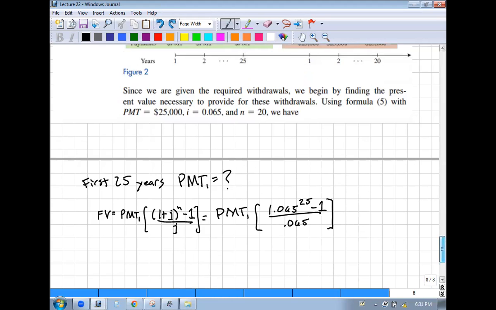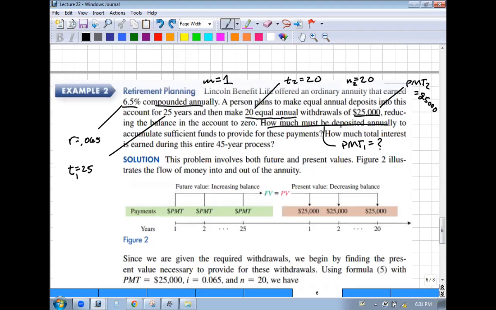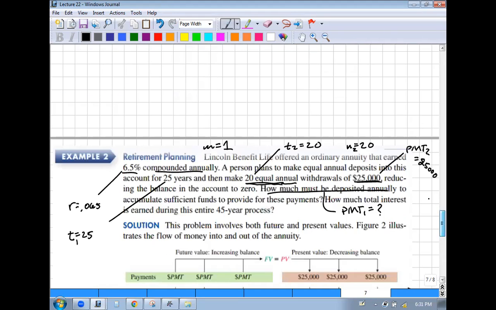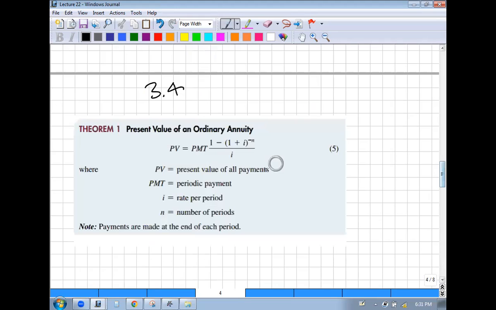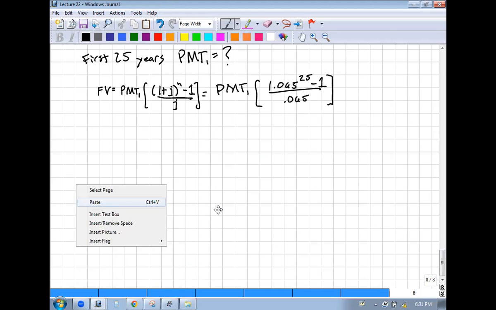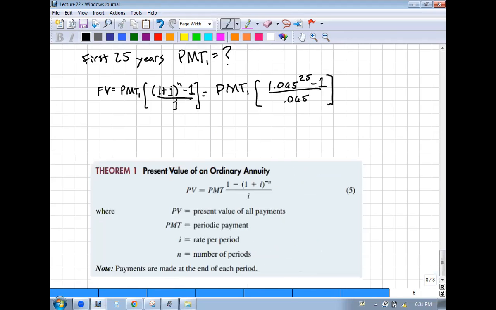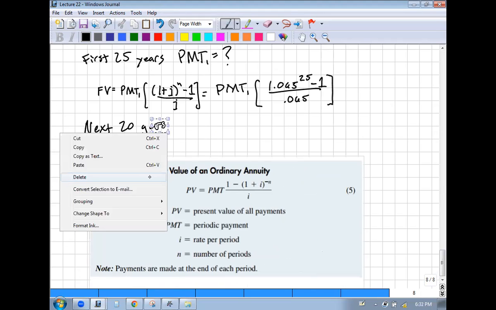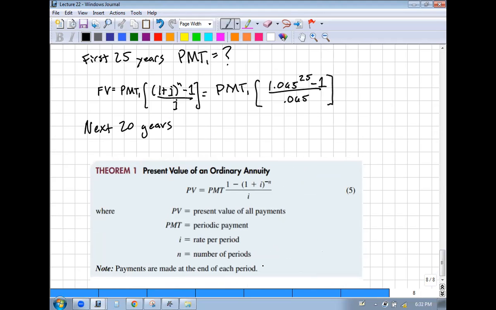Okay, so after that, we have 20 years withdrawing 25,000 a year. So that's when this comes up, okay? So the next, what was it, 20 years? Is it present value?